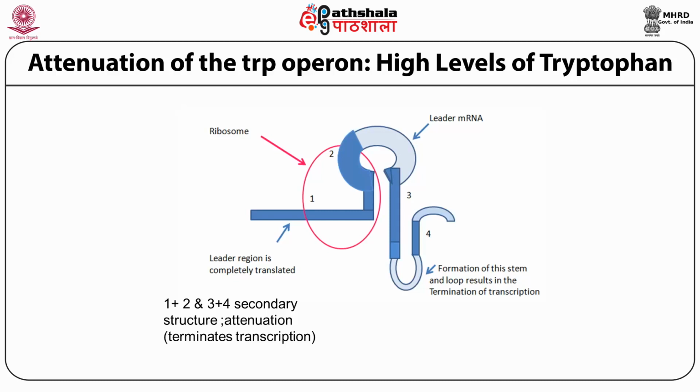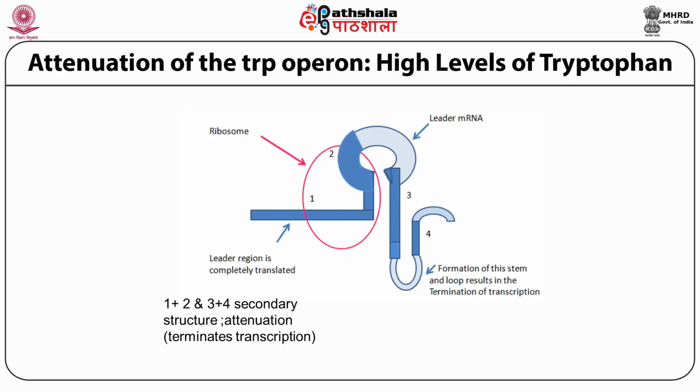During translation, the ribosome follows the RNA polymerase very closely and synthesizes the leader sequence, as a result, terminating the translation of structural genes.